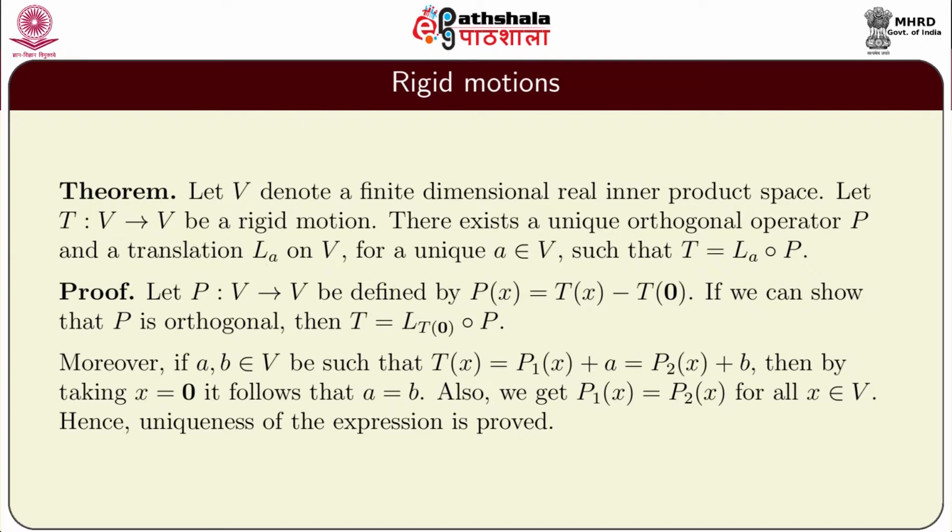If we can show that P is orthogonal, then we have proved that T is equal to T of T0 composition P. And what is T of T0? That means the translation map from V to V, and it is translating by T0.